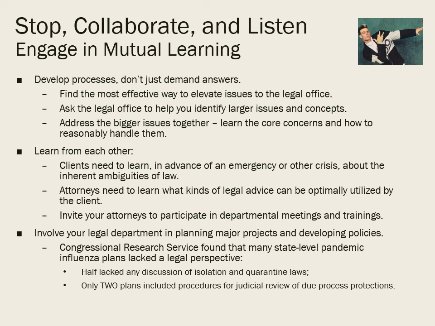You also want to involve your legal office in planning your major projects and developing policies. And you would think that would be a no-brainer, but it's actually overlooked quite a lot. A surprising number of policies and procedures go out without anybody ever having asked legal. So for instance, the Congressional Research Service found that a lot of state-level pandemic influenza plans completely lacked a legal perspective.